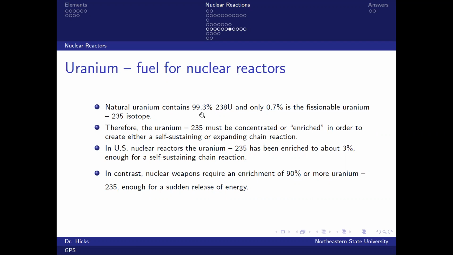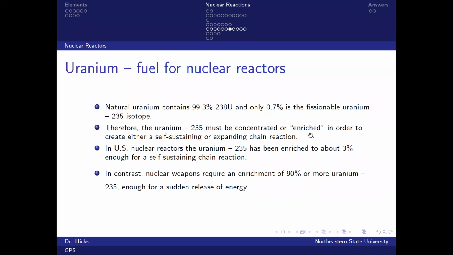Natural uranium is almost all uranium-238, and we really need uranium-235 for nuclear reactors. That's the fissionable uranium that works as fuel. Only 0.7% of naturally occurring uranium is the kind that can be used for fuel.